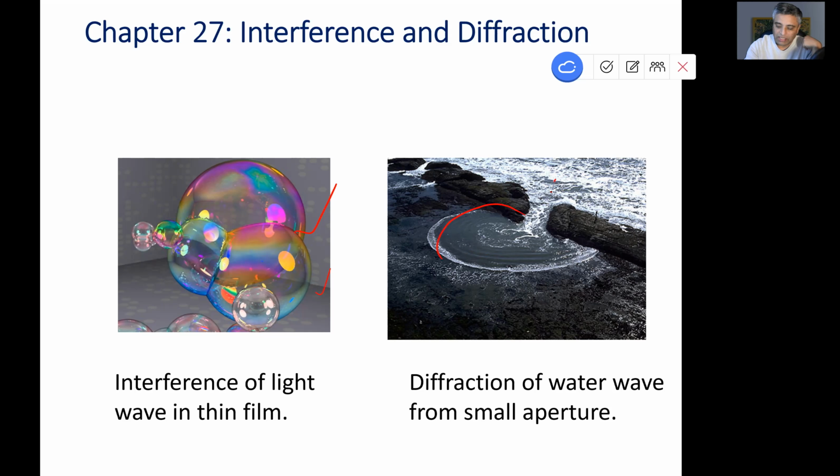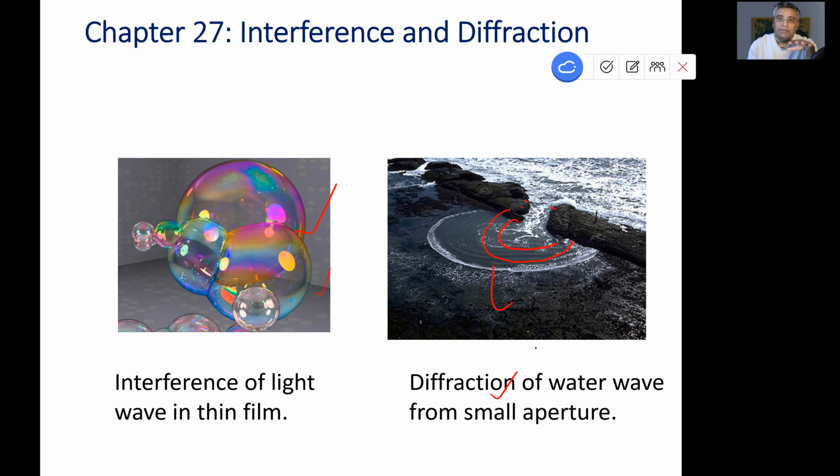See, the water is just going through one medium here through this small opening. So this opening is small for the water wave. So what happens? Rather than just flowing straight, it kind of spreads. So you can see the waves are spreading like this. The same thing happens to light rays as well when the opening becomes smaller. So that phenomenon we call diffraction.